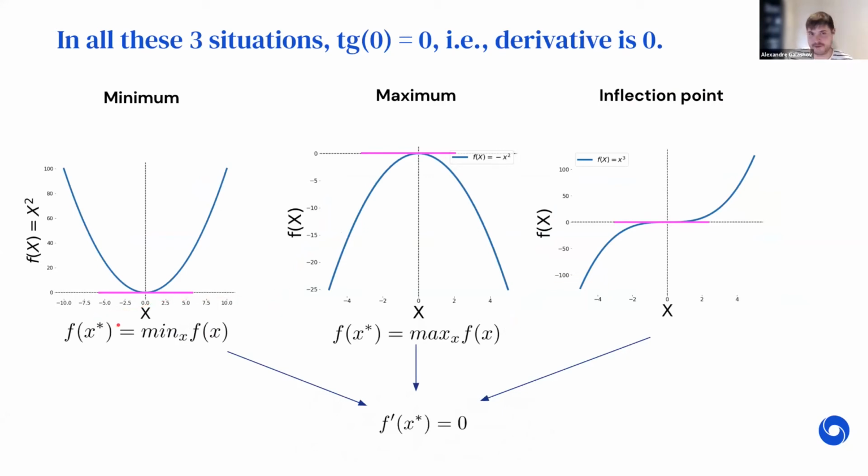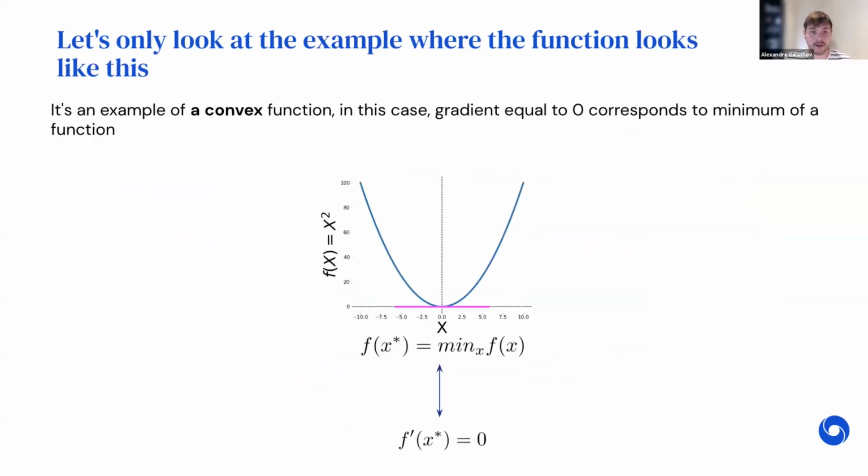But we know that if x is a minimum or maximum, then the derivative is 0 for sure. So it's kind of cool. It means that if you know the derivative, you can say something about the point and the function behavior at this point.